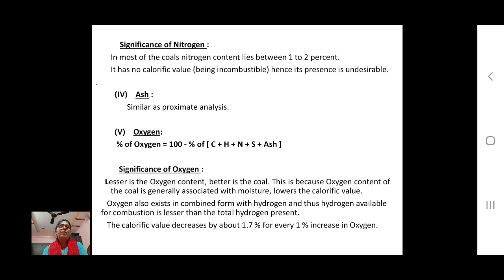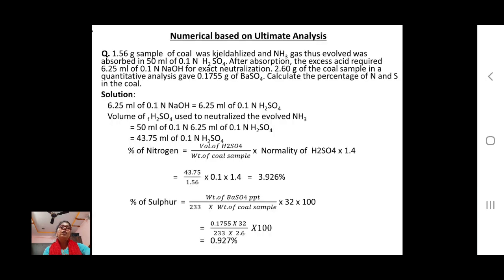So this is not available here. So hydrogen available for combustion is lesser than the total hydrogen present. And in general, the calorific value of the coal decreases by about 1.7% for every 1% increase in oxygen.